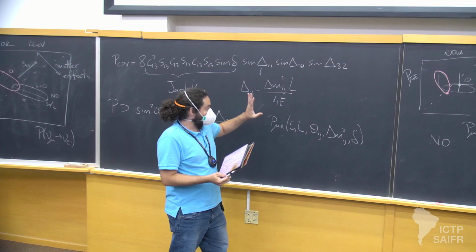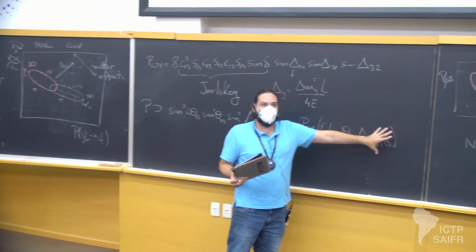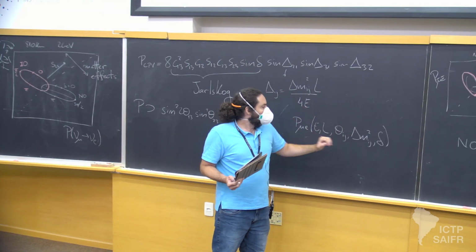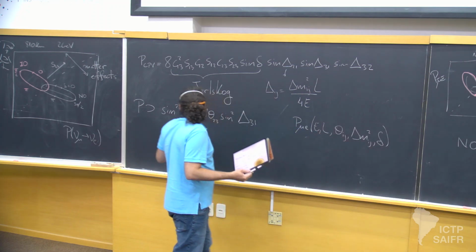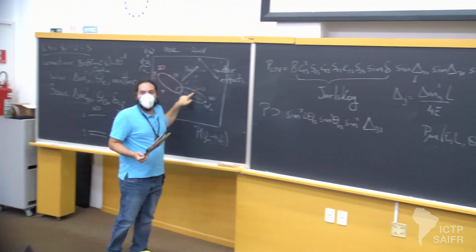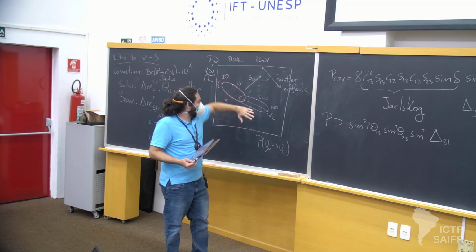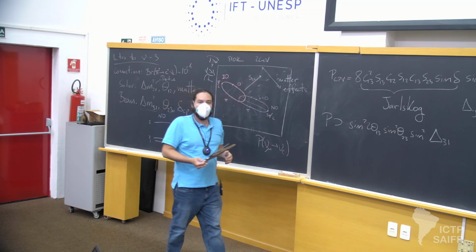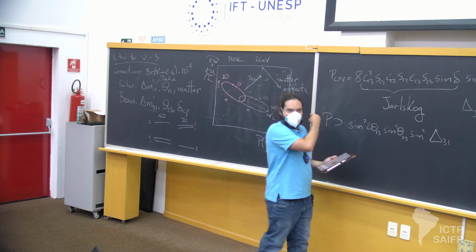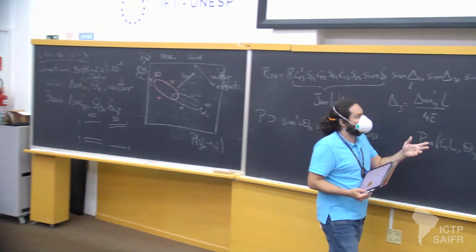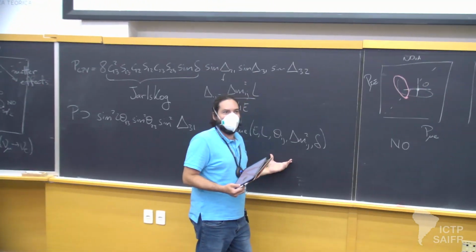If I fix all these parameters to things that I have measured before, and I put delta at 0, I get a point here. As I vary delta, it just draws the ellipse. The ellipse could have been tilted and so on. The fact that it looks like that has something to do with baselines and mixing angles.